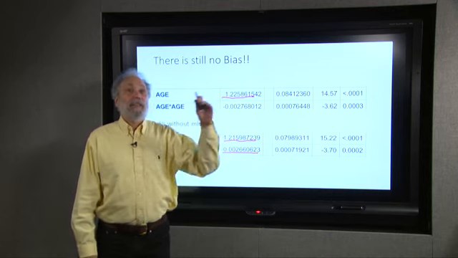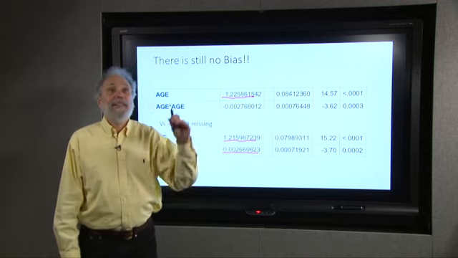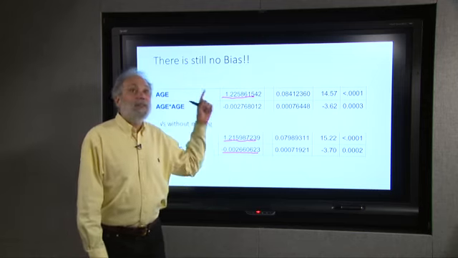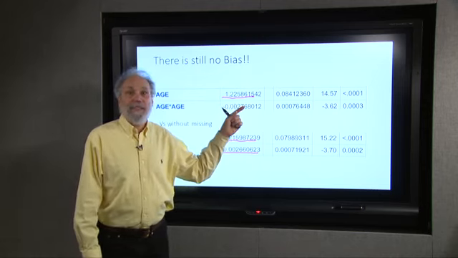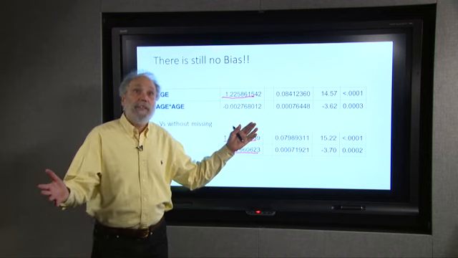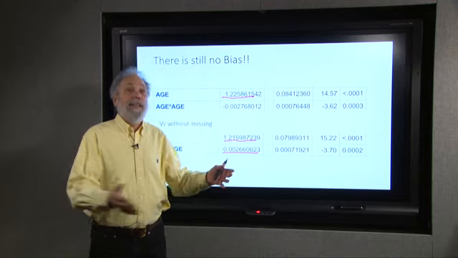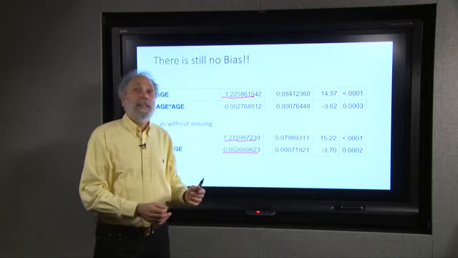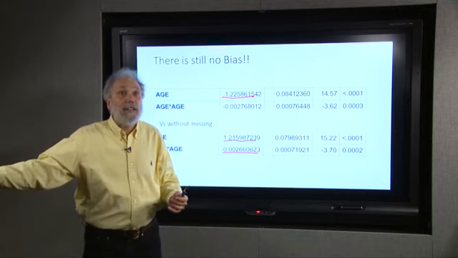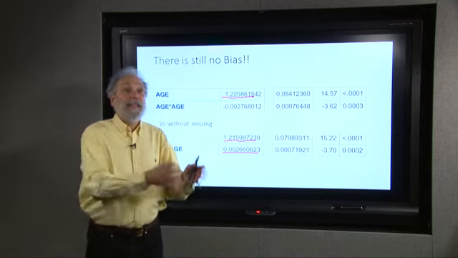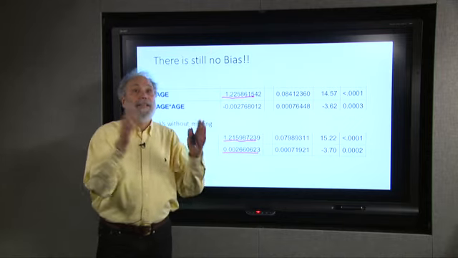Even if the probability of being missing depends on the covariates, I do not get bias in my analysis of failure time. I can get an unbiased estimate of how long people will live as a function of their age at entry or any other predictor, even if the missingness depends on the predictors.